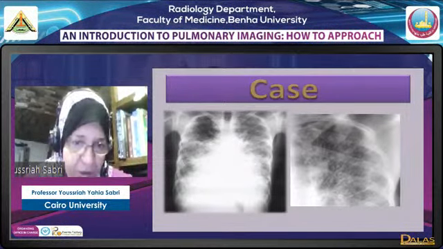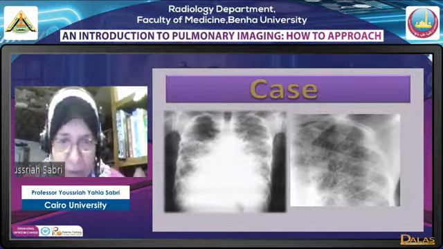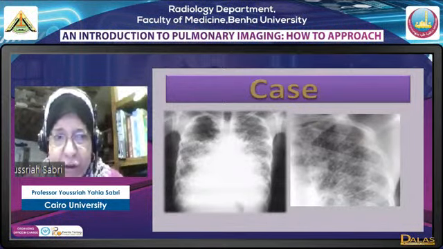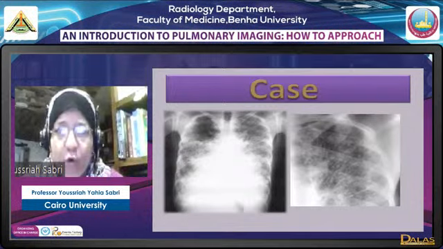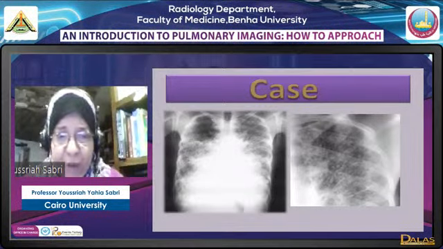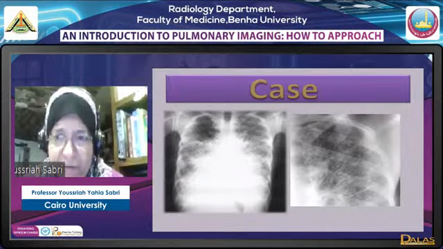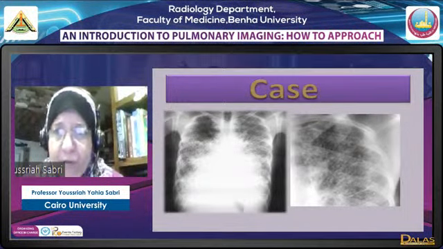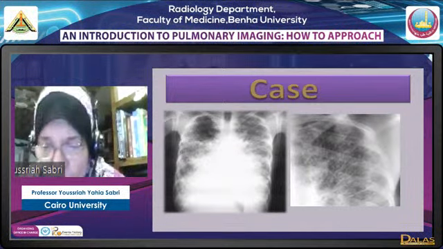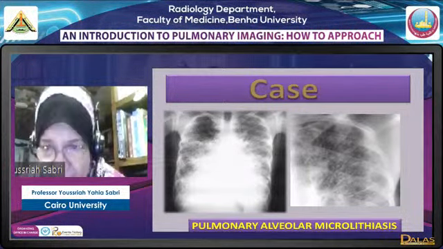There is hyperlucency going on until the end of the film on both sides, with total ill definition of the diaphragm, total ill definition of the heart. Okay? This appearance with hyperlucent lung, with miliary appearance of relatively dense nodules, associated with ill definition of heart, hilum, and of the diaphragm, is a spot diagnosis for pulmonary alveolar microlithiasis.